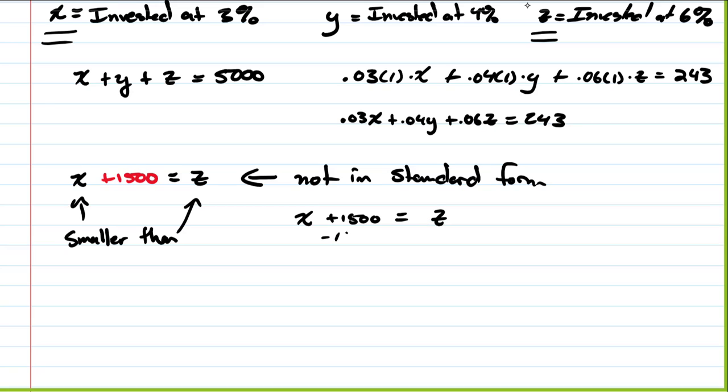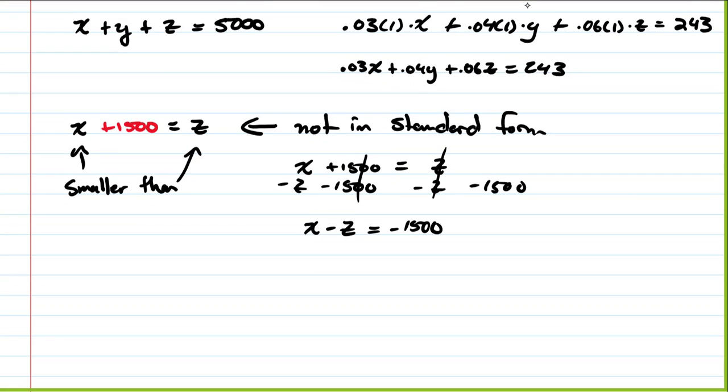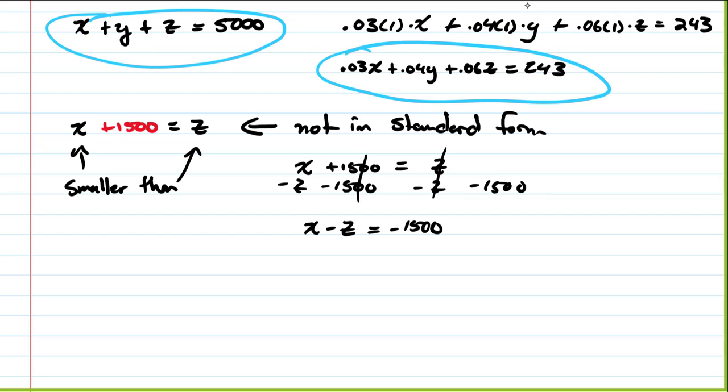So I subtract 1,500 and subtract z from both sides, and I get x minus z is equal to negative 1,500. That finally gives me my three equations, 1, 2, and 3.